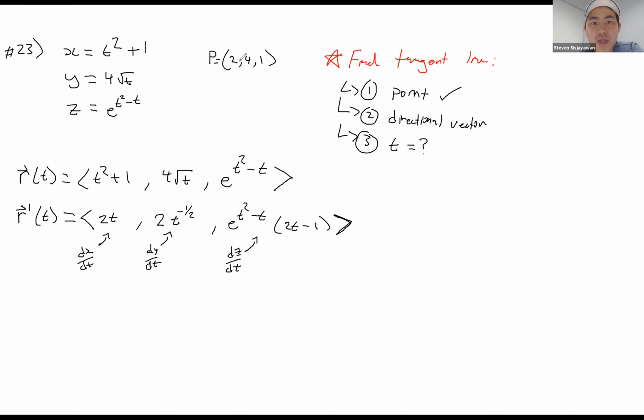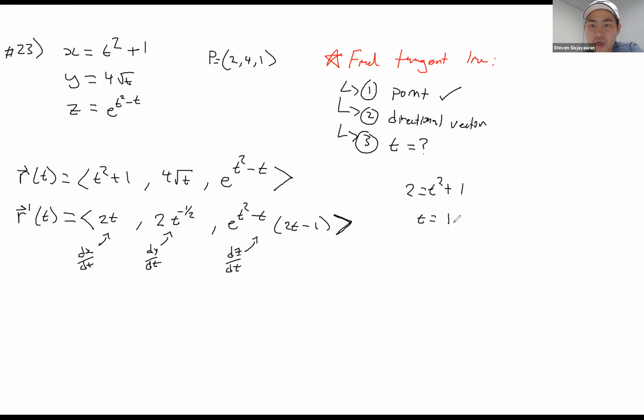What we can do is take this point and set each respective component equal to our parametric functions. Since we know this point has to be on the vector function, at the point (2, 4, 1) we can set 2 equal to t squared plus 1, and so t has to be equal to 1.